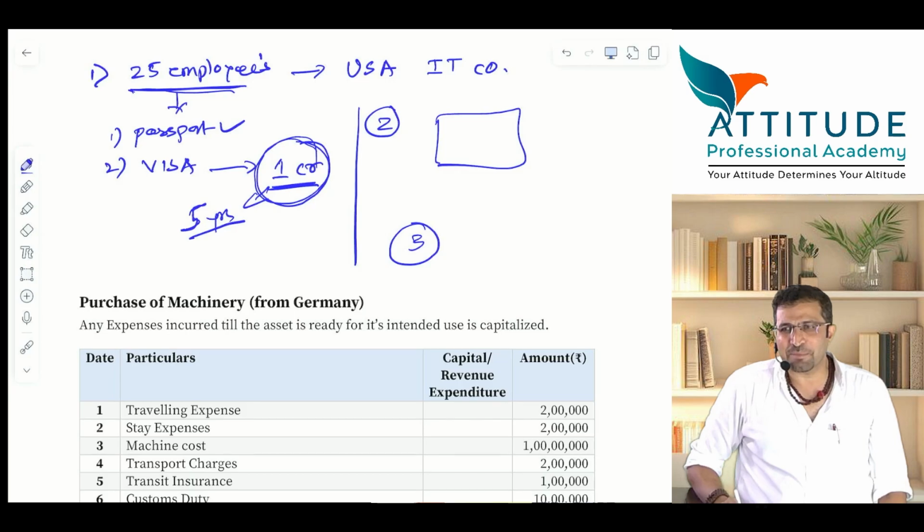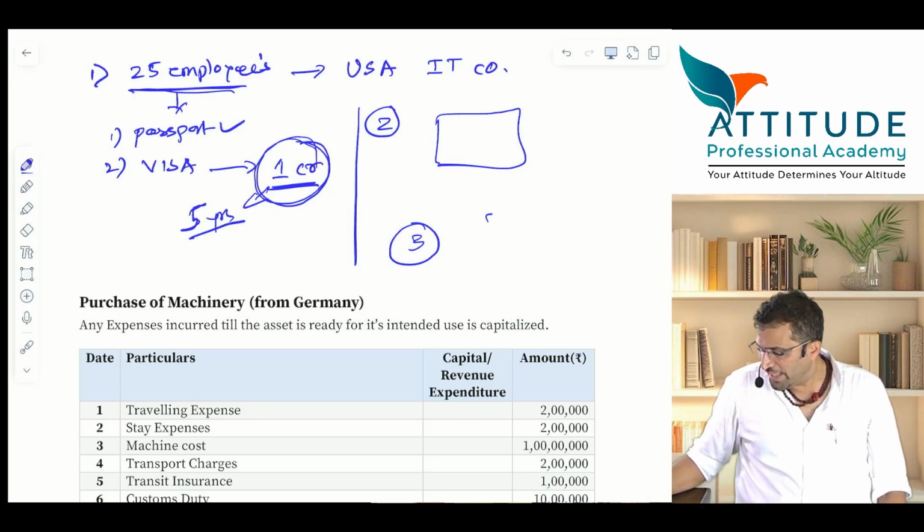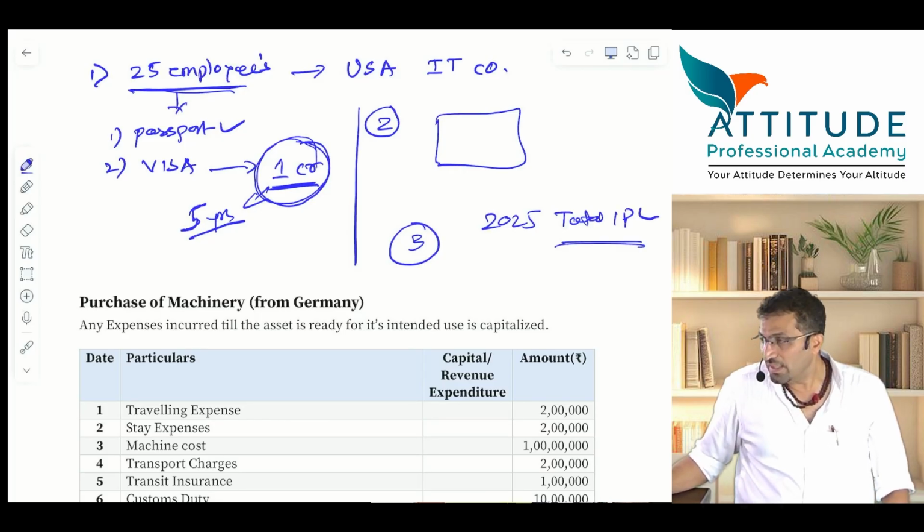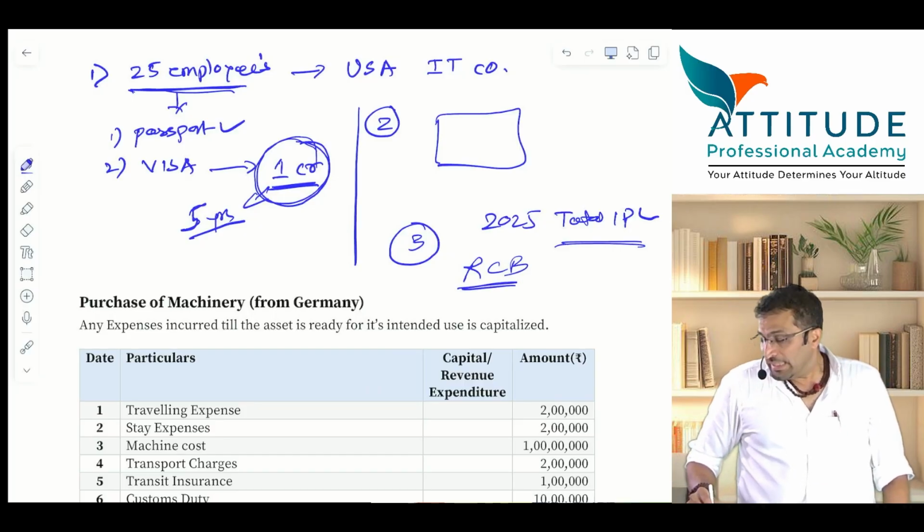This is a fantastic example. 2025 Tata IPL. Right? It is Tata IPL, isn't it? Who was the winner? RCB. Okay.